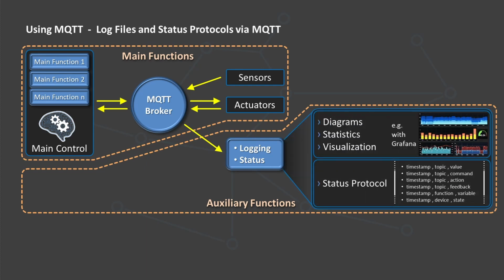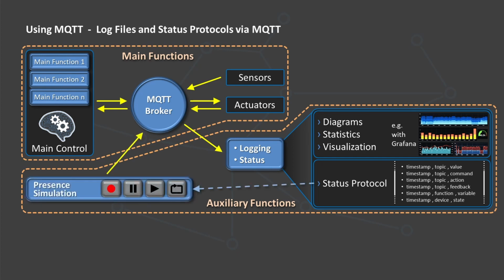This data will be the base for various other applications such as the visualization of data history or statistics like nicely colorful diagrams, for instance, created by Grafana. It will also be useful for troubleshooting and analysis of certain transients. Furthermore, it can be used for security applications like a presence simulation, which replays recorded power states and sends out corresponding commands over MQTT.